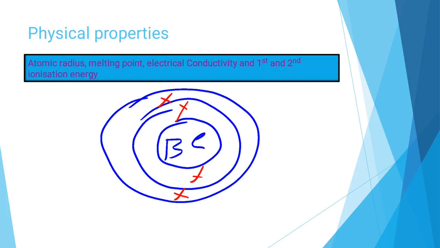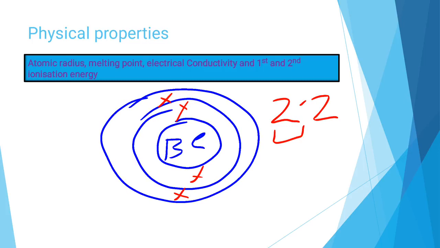Remember that from the atomic number being 4, the electron configuration of barium will be 2:2. So the first 2 electrons in the first energy level, and the second 2 electrons in the second energy level.